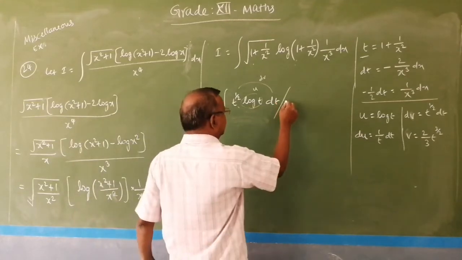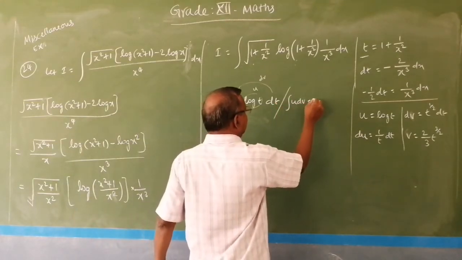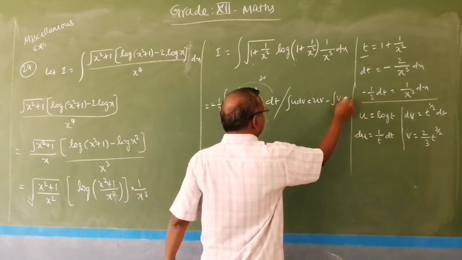Now we have a formula, integral u dv equal to uv minus integral v du.